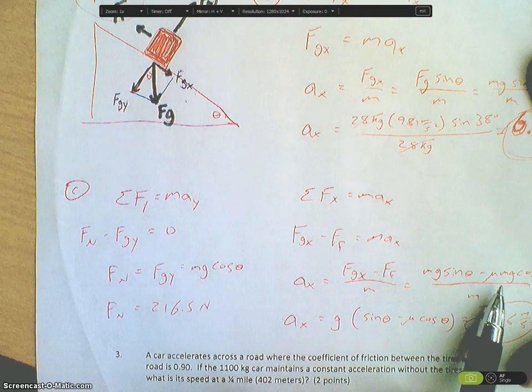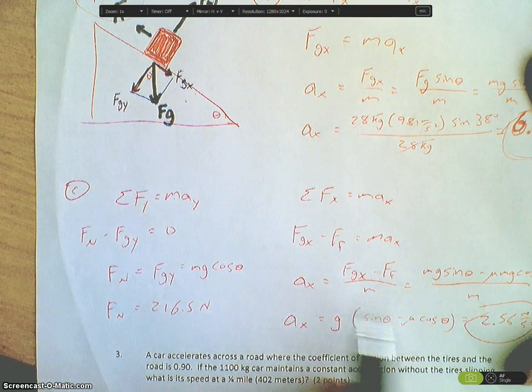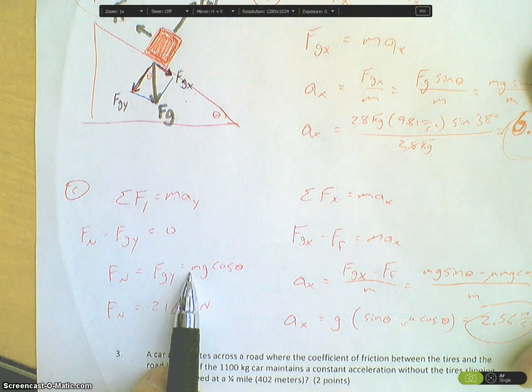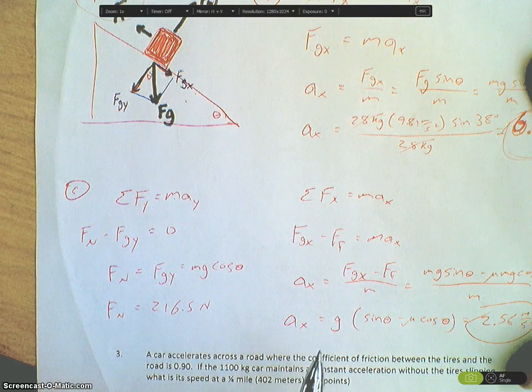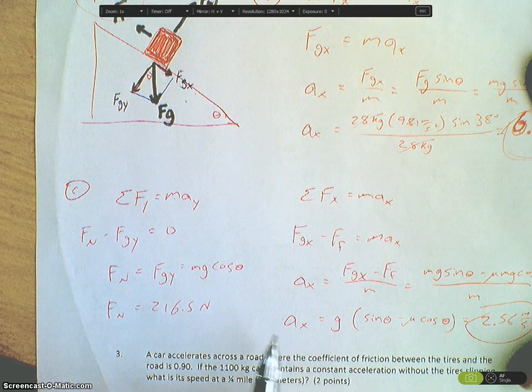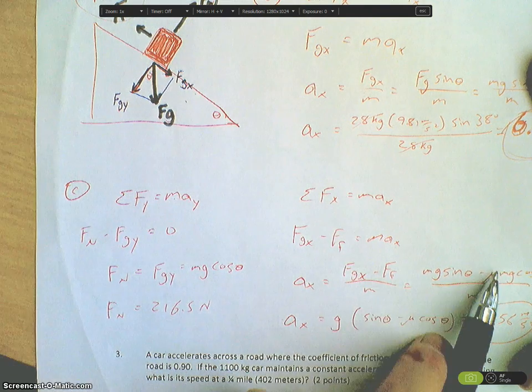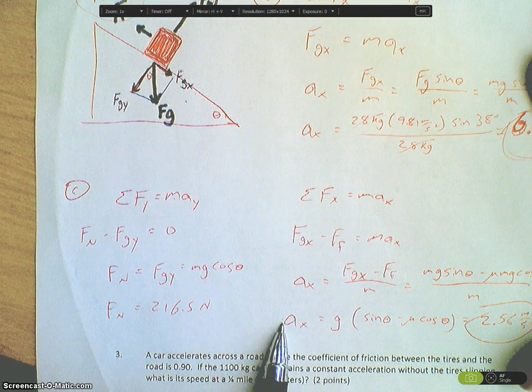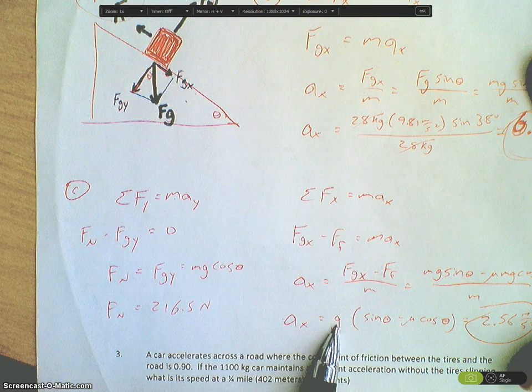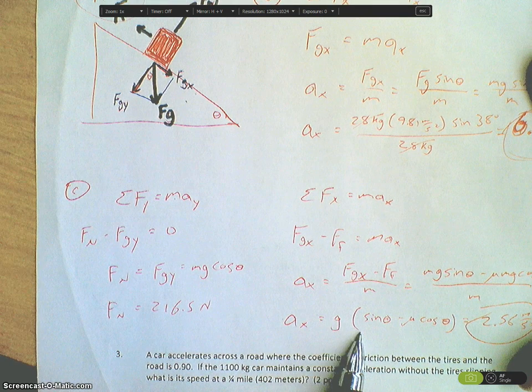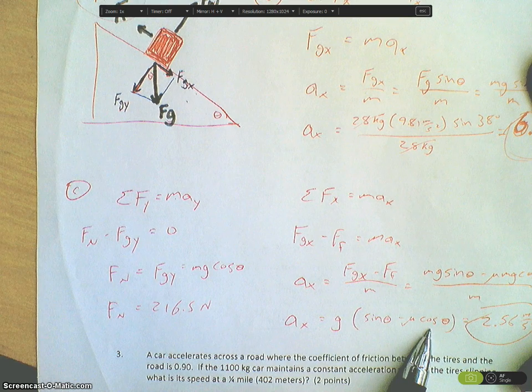Instead of force of friction, it's mu force normal, which earlier I figured out is mu mg cos theta. The masses cancel out, and I have an acceleration that is equal to g sine theta minus mu cosine theta.